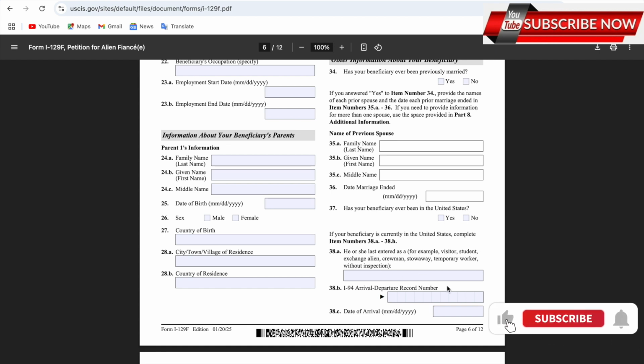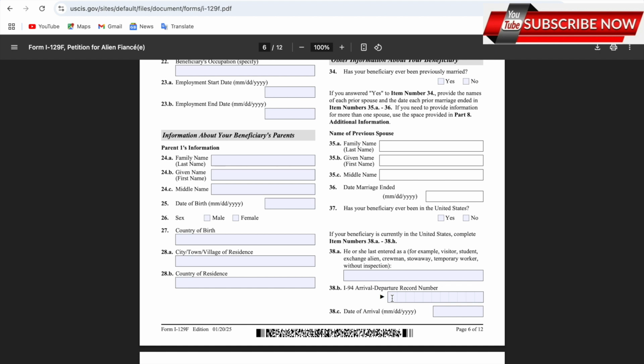When they got into the United States, upon arrival, did they have a record number, I-94? Do they have an I-94? If they have an I-94, you put in the I-94 number over here, which means they were checked at the airports.